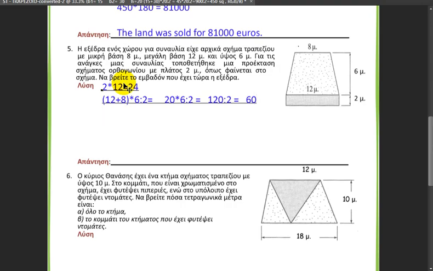And now we just need to add them. So 24 plus 60. So let's go over here. Our final answer should be here. I actually didn't do the addition.